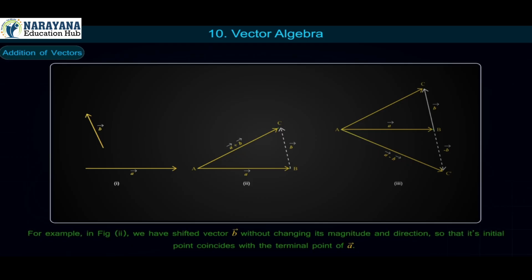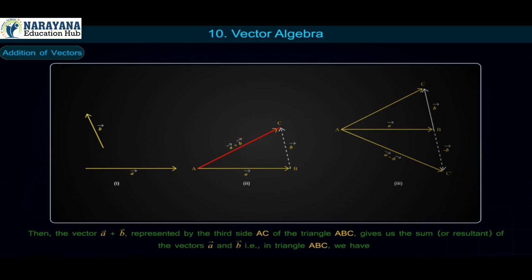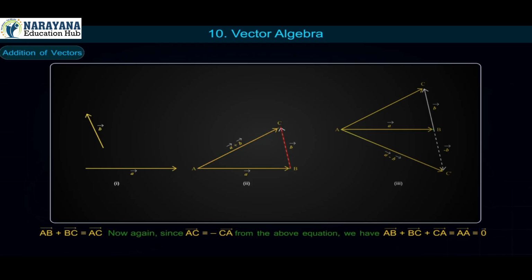For example, in figure 2, we have shifted vector B without changing its magnitude and direction so that its initial point coincides with the terminal point of vector A. Then the vector A plus vector B, represented by the third side AC of the triangle ABC, gives us the sum or resultant of the vectors A and B. That is, in triangle ABC, we have vector AB plus vector BC equals vector AC.